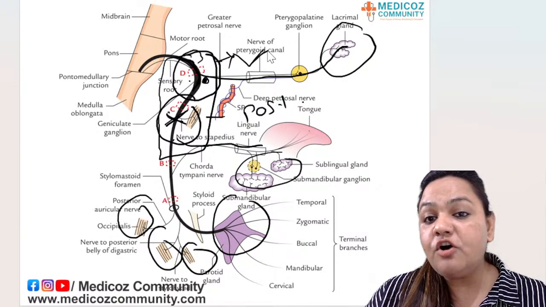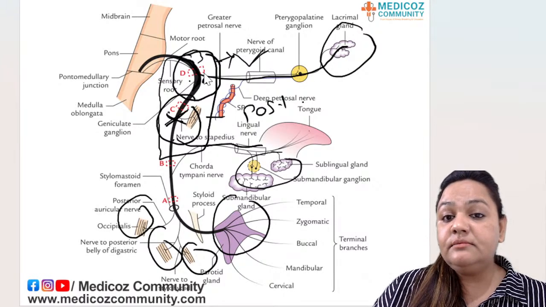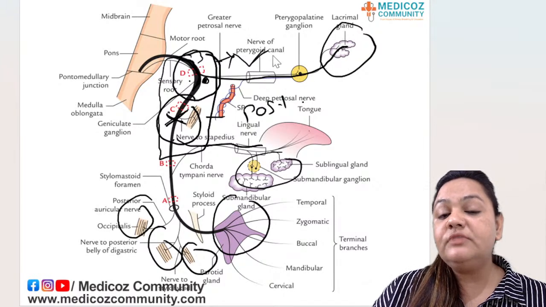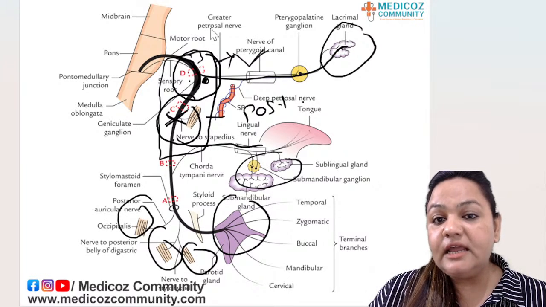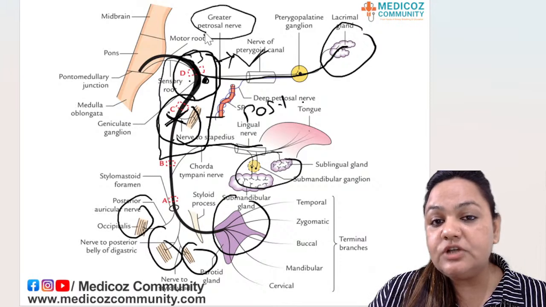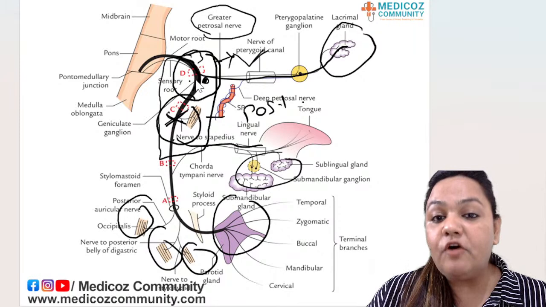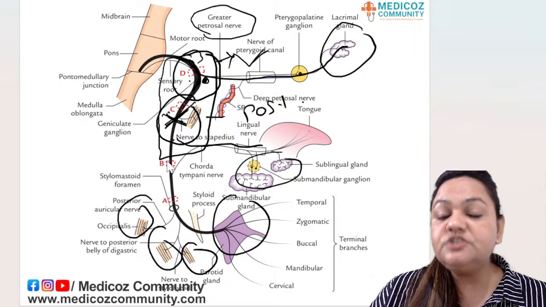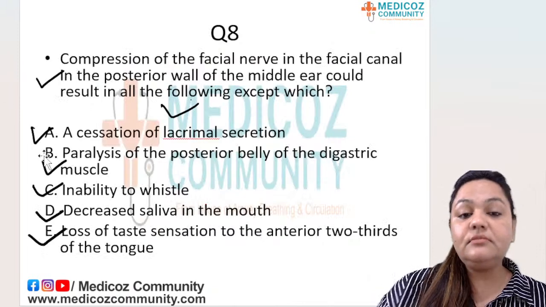The secretion of the lacrimal gland will be intact, because the branch arising from the facial nerve to supply the lacrimal gland, the greater petrosal nerve, arises from the facial nerve on its medial wall, but we have an injury at its posterior wall. Now we will look into the options.